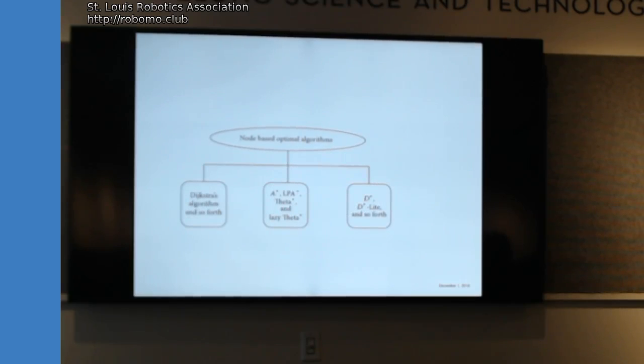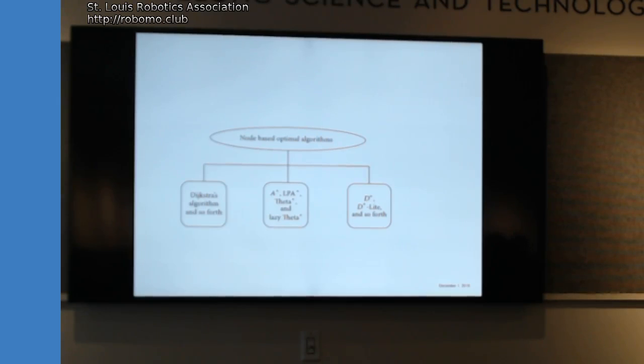We're going to talk really today about a node-based algorithm. And in node-based, this further categorizes up. There's a lot of research and a lot of different algorithms that we can use here. Dijkstra's algorithm and versions of that is one of the original path planning algorithms. It's an exhaustive search of the map to try to find the best path between 2 points. Then there's A star, LPA star, theta star, and lazy theta star.